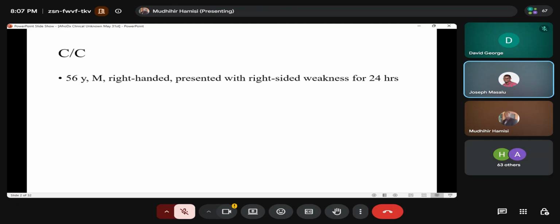Maybe in the first minute they had upper limb weakness, and then in the 12th hour they had lower limb weakness. It will be different for someone who had weakness at the moment, like I'm speaking here, and in the next minute, all of my right side is weak. We get that from the history.